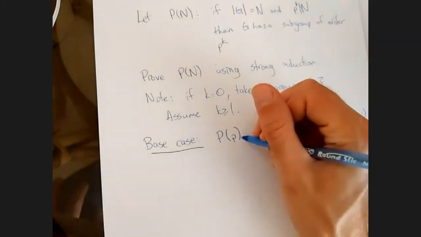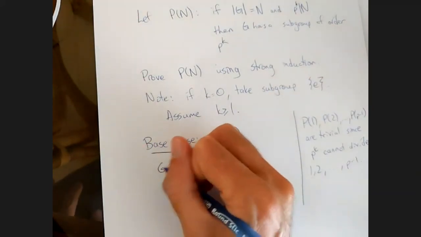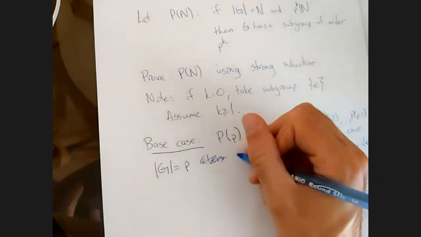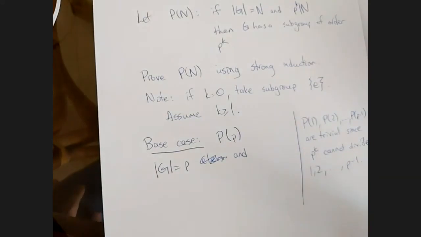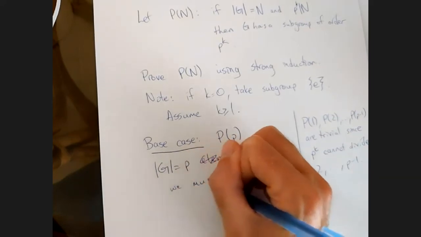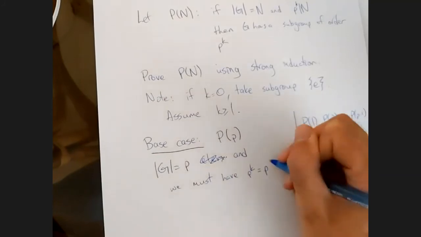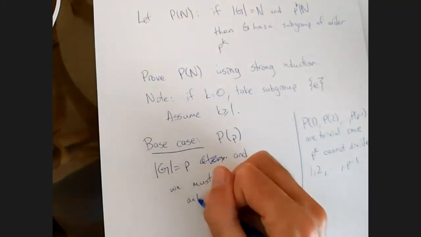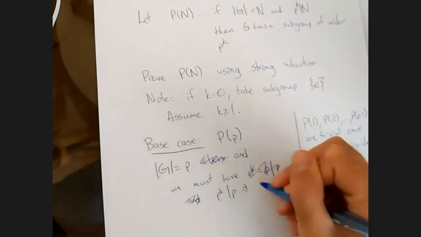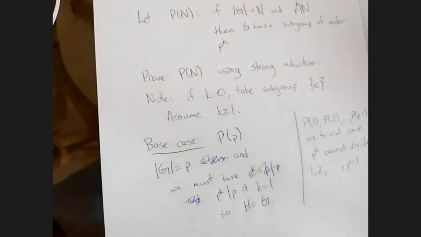Okay, so our base case is the case when n equals p, and in this case G has p elements. We must have that p to the k divides p, which means that k equals 1, and we can take our subgroup to be the entire group.